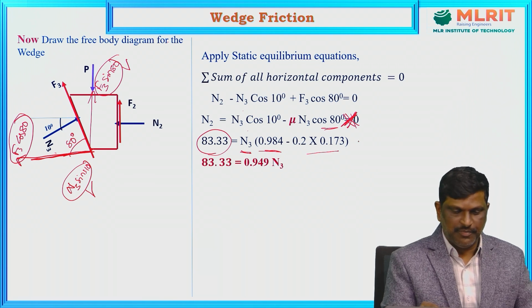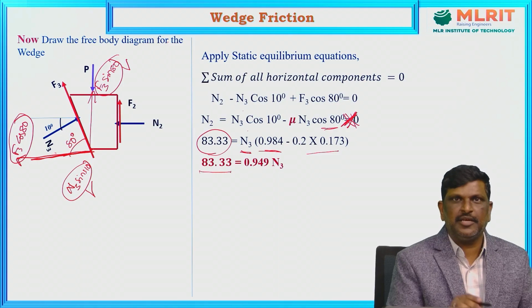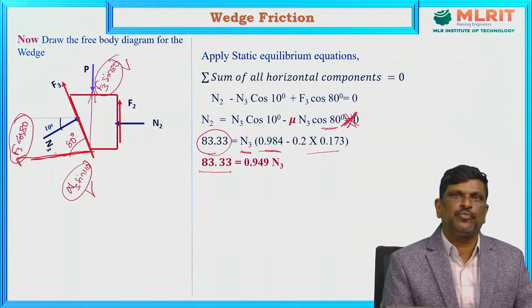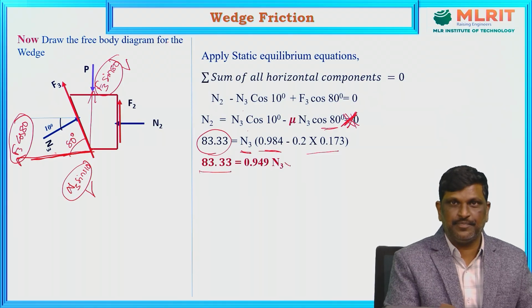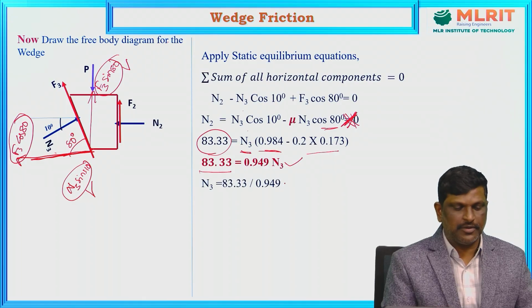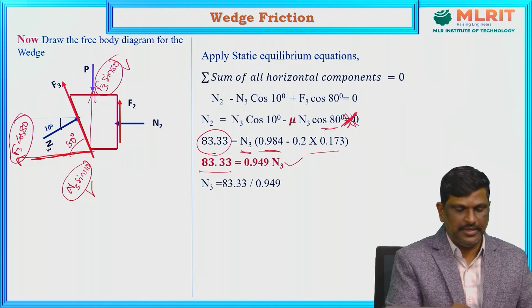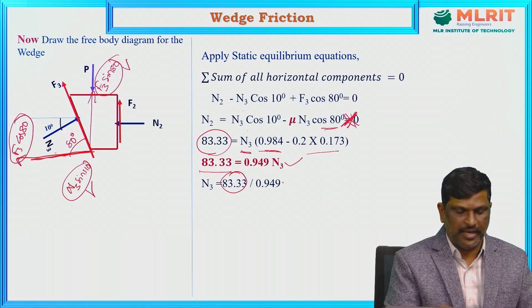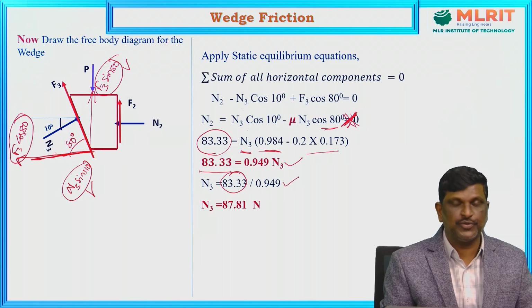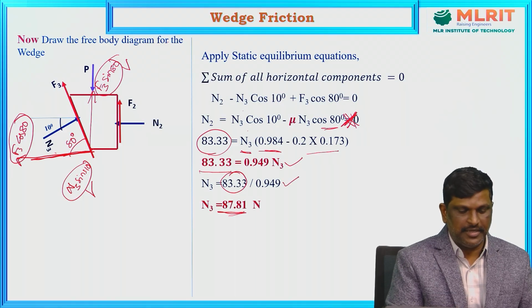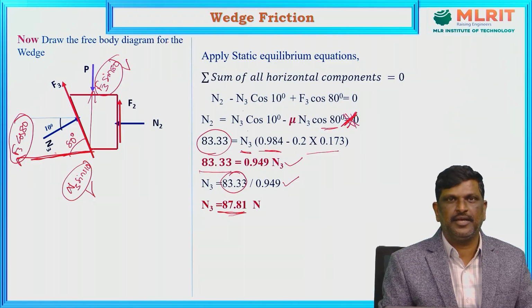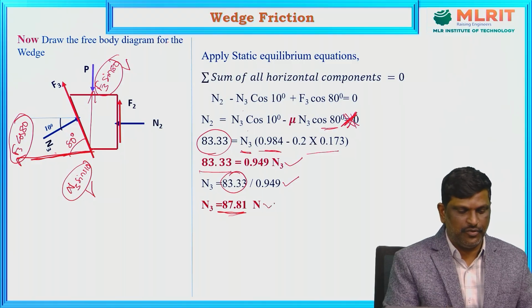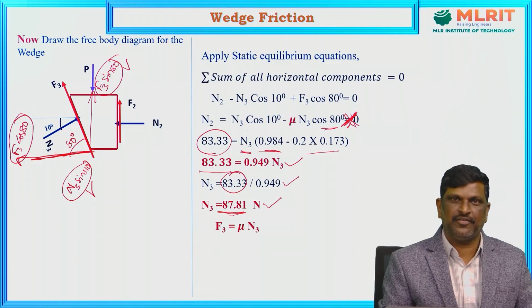Now further simplify this equation. 83.33 is equal to 0.949 N3. From this equation we can calculate the value of N3. 83.33 divided by 0.949 is equal to N3, which works out to 87.81 newtons. This is the value of N3.